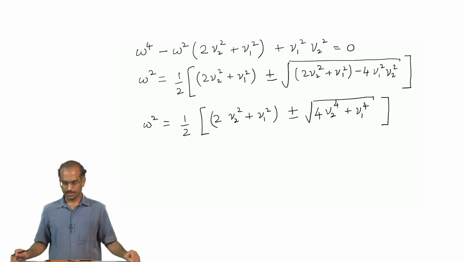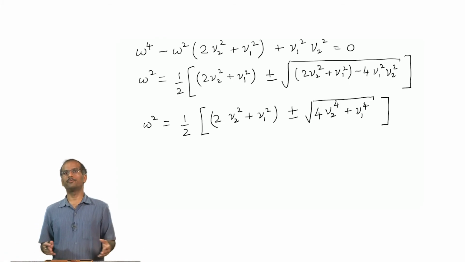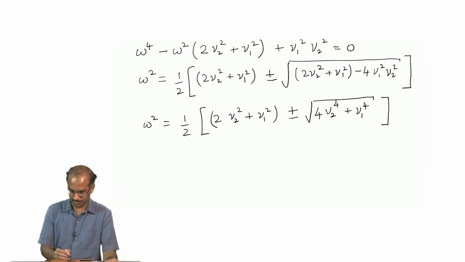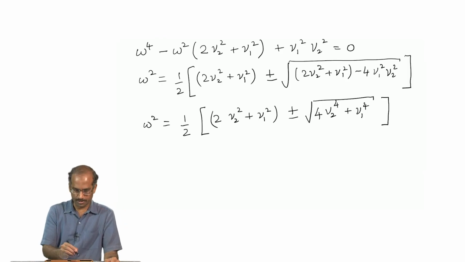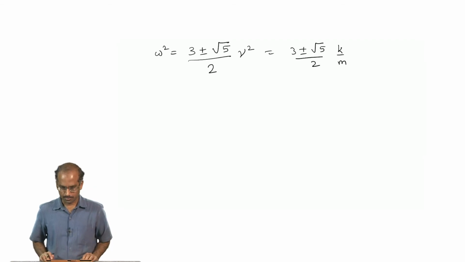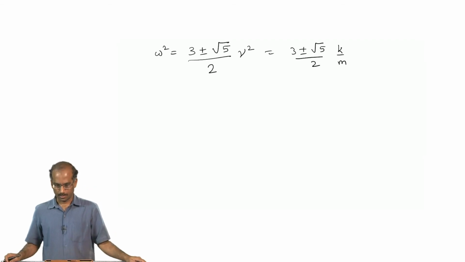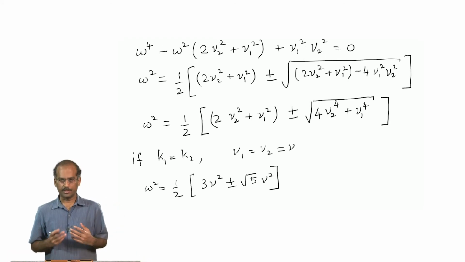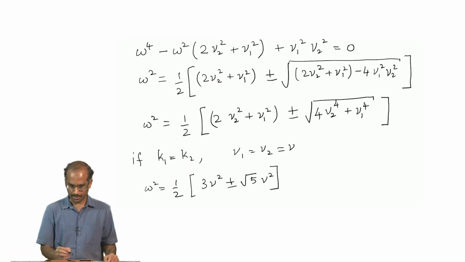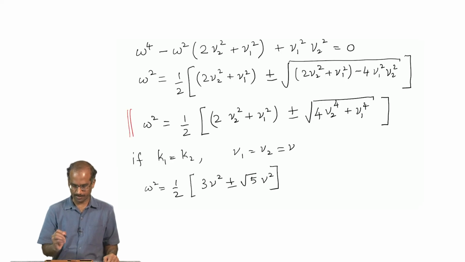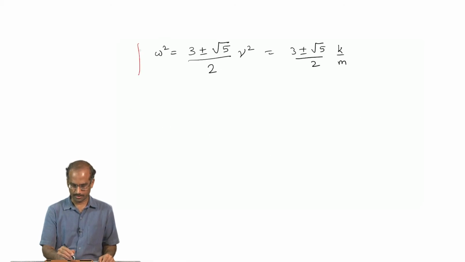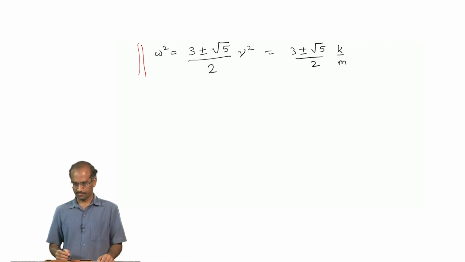If I make that assumption, in such a case nu 1 would be equal to nu 2, in which case this would simplify considerably. So, here I have two possible normal mode frequencies. To repeat, in general, when K1 is not equal to K2, the normal mode frequencies are given by this form, and when K1 is equal to K2, it simplifies, and these are the normal mode frequencies.